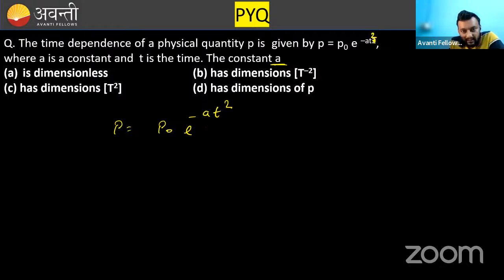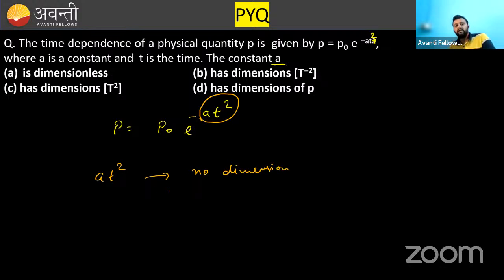Now, what we have seen is that the power of the exponential has no dimension. That means this complete quantity AT square has no dimension. If this complete term has no dimension, then what should be the dimension of A? Can anyone answer? T square has a dimension T square.